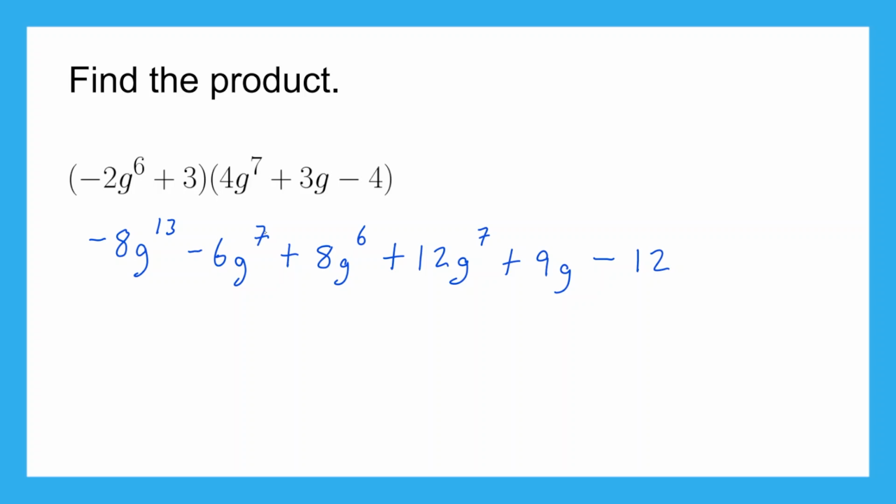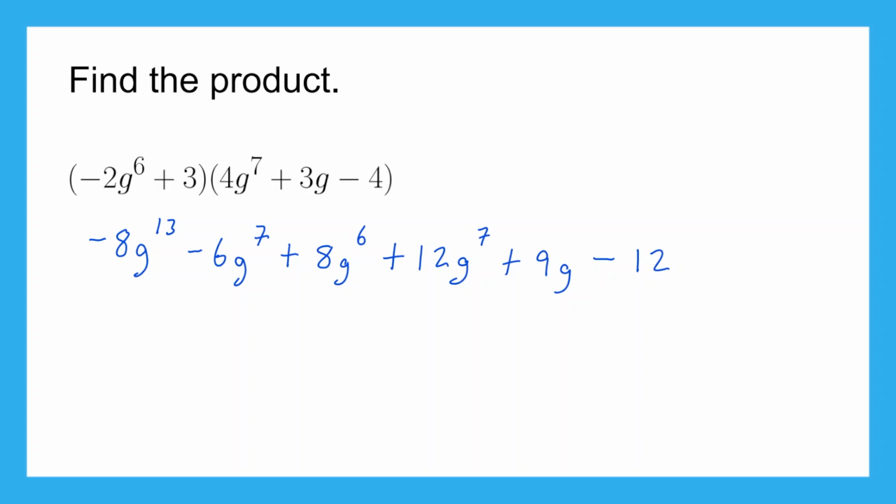We do, right? Here we have a g to the 7th, and here we have a g to the 7th. So we can combine those. But we have no other like terms other than those two, right? Because here we have an exponent of 13. Here we have an exponent of 6, 1, and 0. So we're just going to combine those two like terms with the exponent of 7, and then we'll be done.